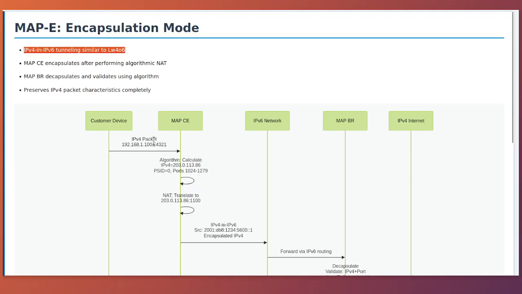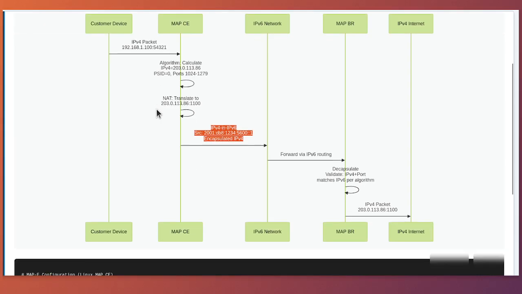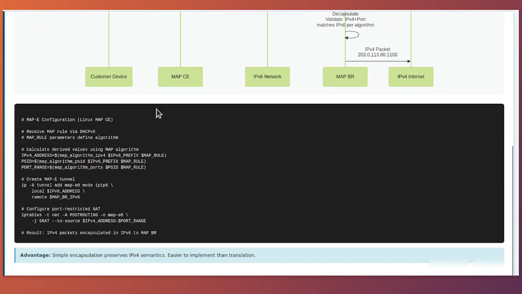The customer equipment performs port-restricted NAT using an algorithmically derived port set, then encapsulates the translated IPv4 packets in IPv6 for transmission across the IPv6-only network. The key difference between MAPE and LW406 is that MAPE uses the standardized map addressing algorithm for all calculations, whereas LW406 implementations might use various provisioning approaches.